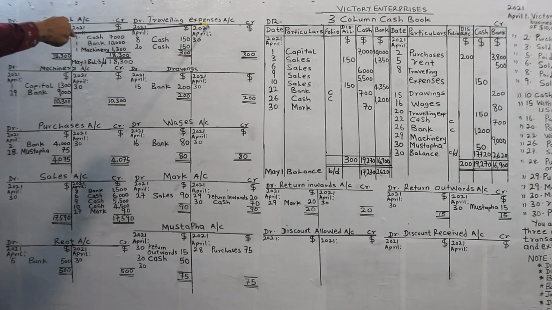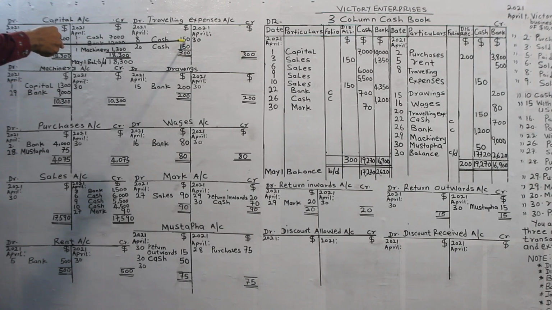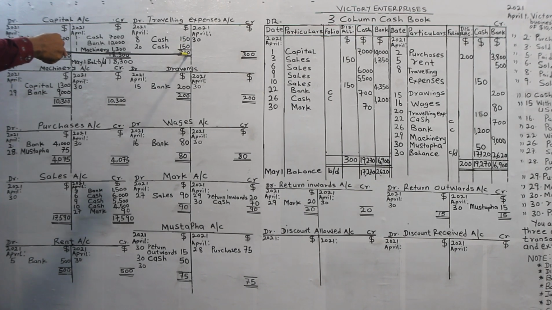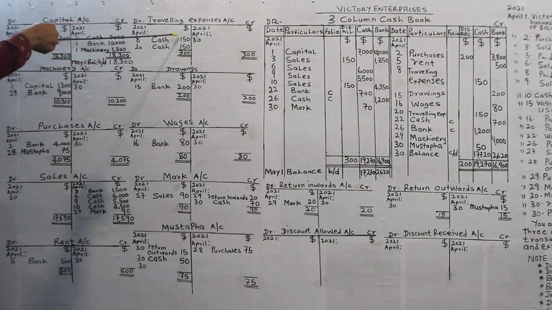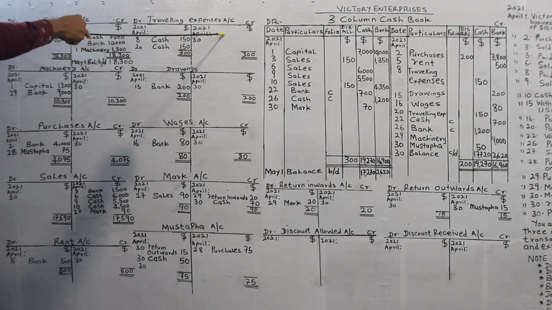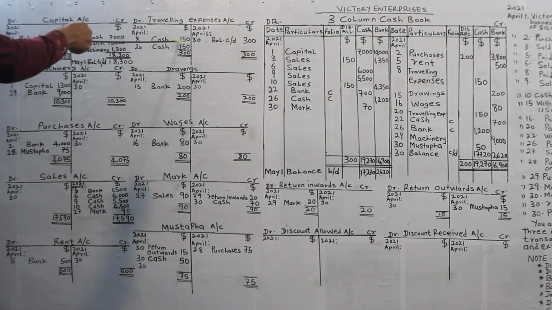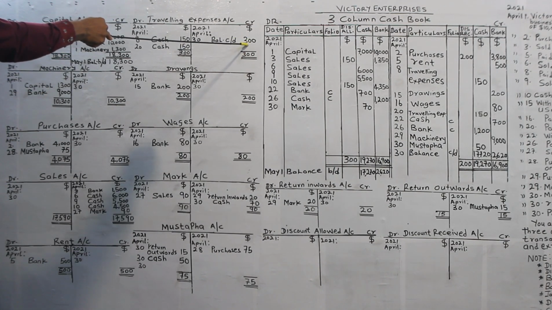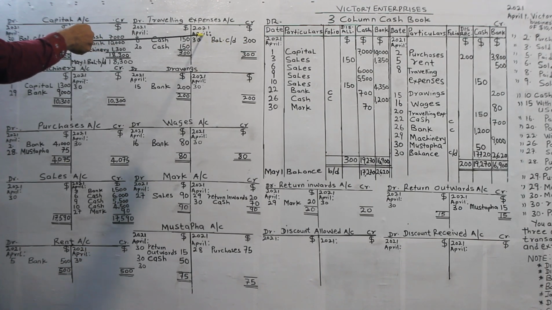Looking at the traveling expenses account, to balance it, the total figure on the debit side is 150 plus 150, which is 300. So we make the two sides, the debit side and the credit side, the same, and that becomes the balance carried down. So the figure that can make both sides equal is 300, and that becomes the balance carried down for 30th April 2021.